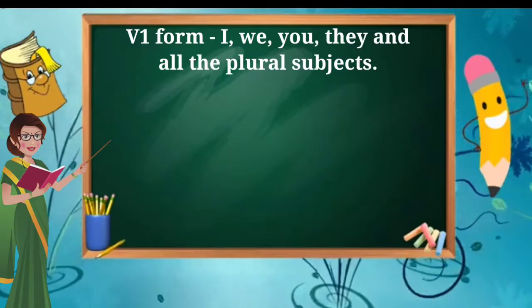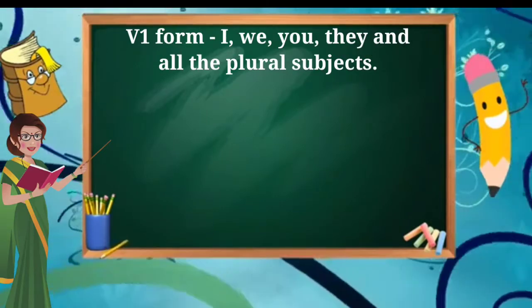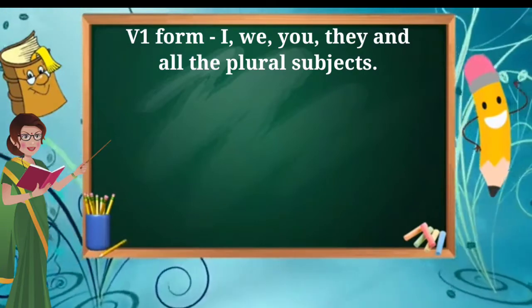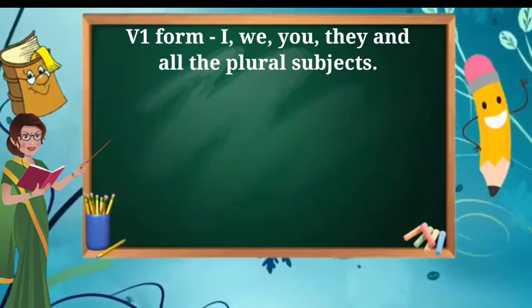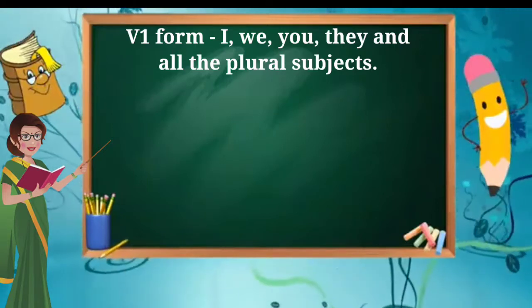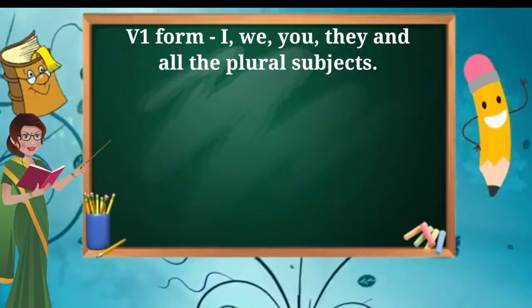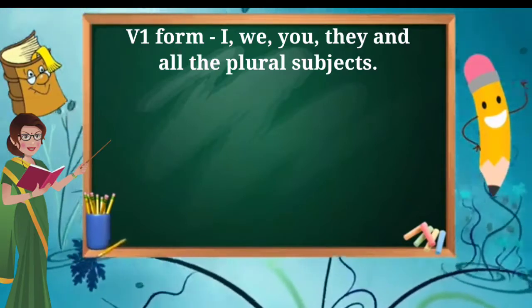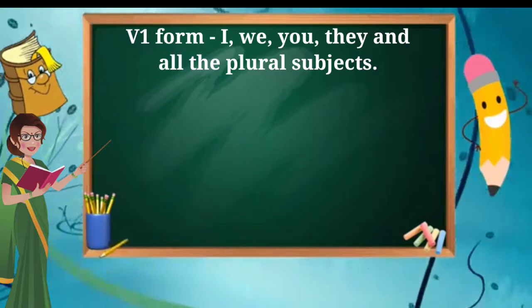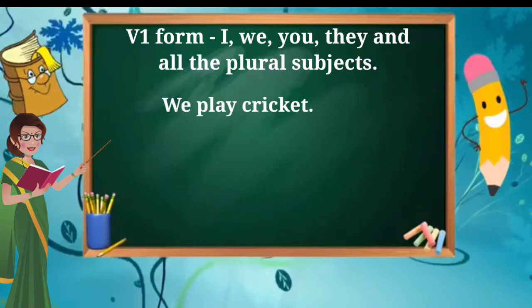V1 form is used with I, we, you, they and all the plural subjects like children, students, boys, teachers, cows. All the words belong to plural subjects. Clear? So let's take some examples. We play cricket.